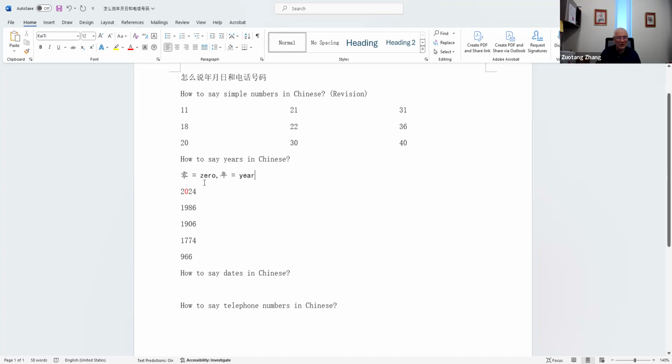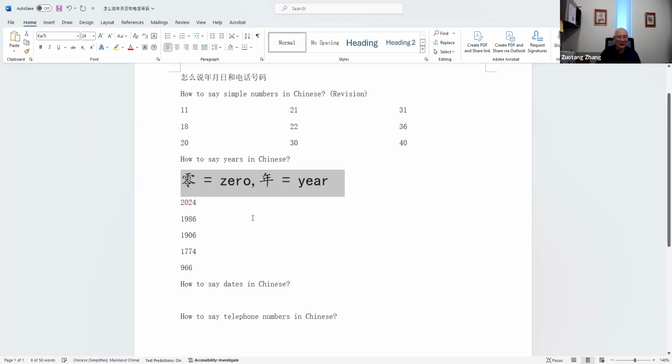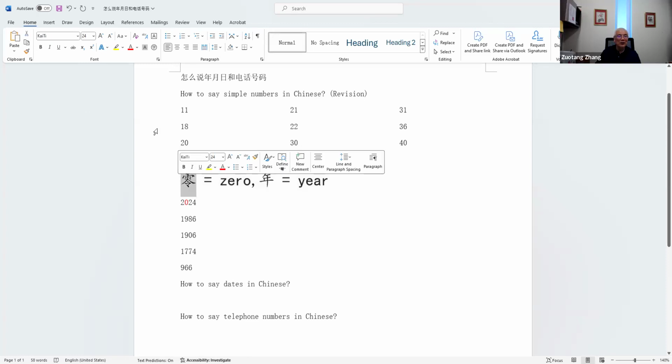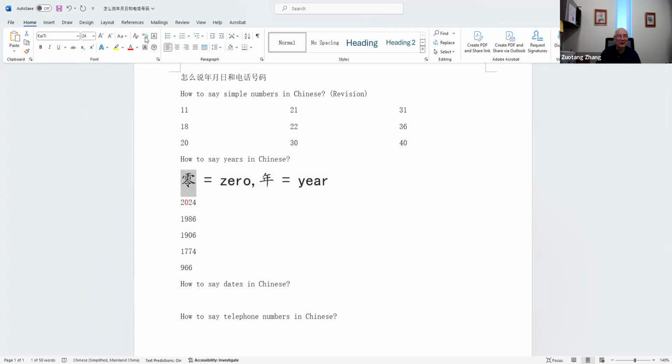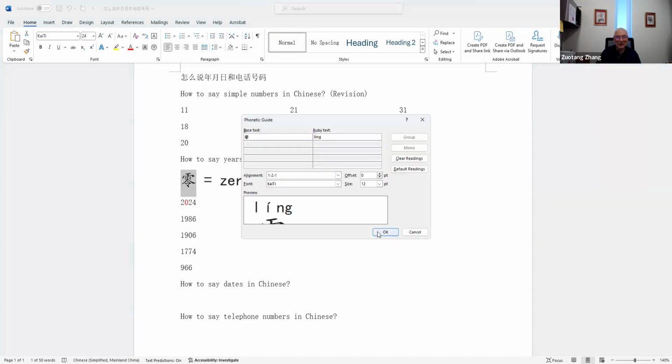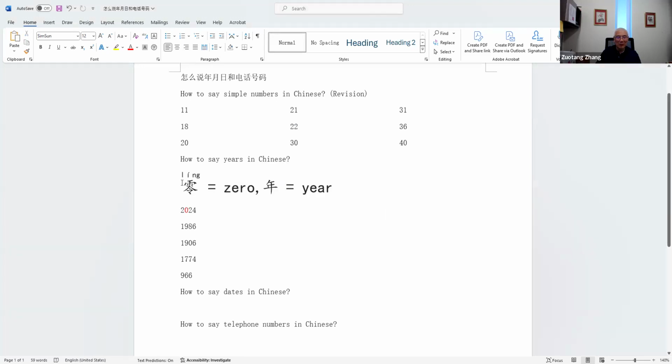Let's see, what is the best way to teach this? Let me make them larger again, actually. Let's put it this way. And there is a way to add a pinyin, like a Romanized Chinese sound, over the Chinese characters. So this would be Ling, and this would be Nian.